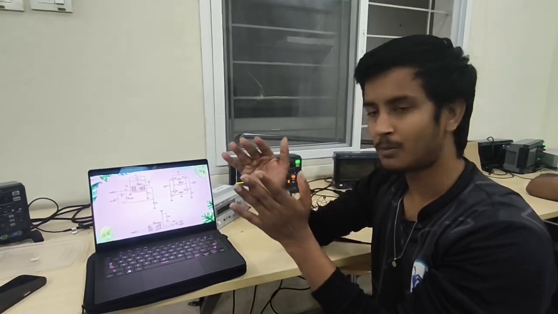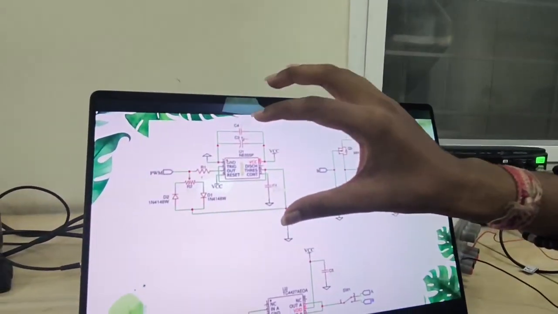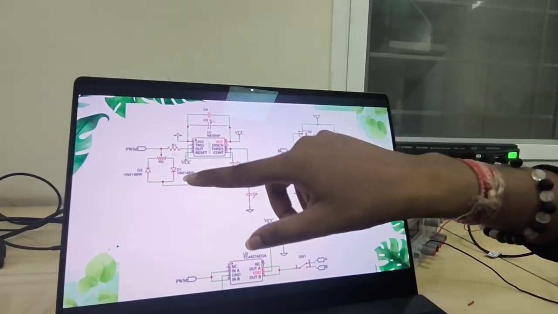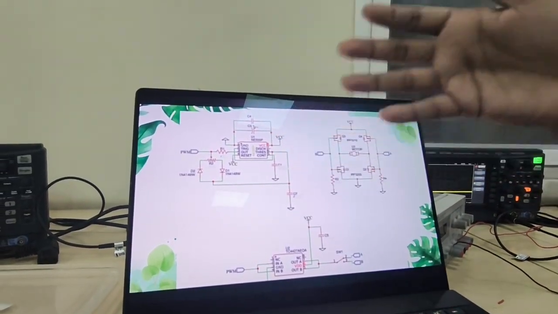Our project consisted of 3 parts. Initially we generate the PWM signal through the 555 timer, and through potentiometers we vary the duty cycle of the PWM signal we are generating.